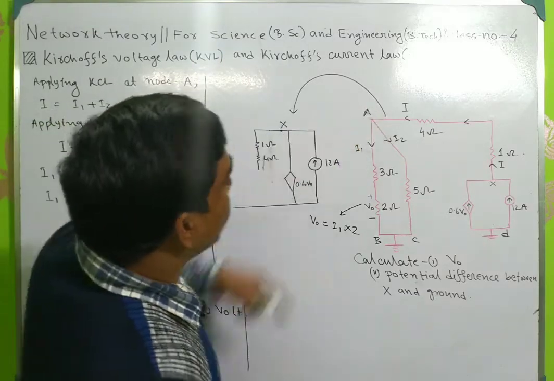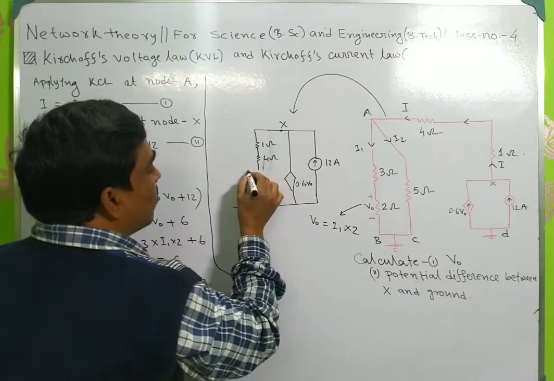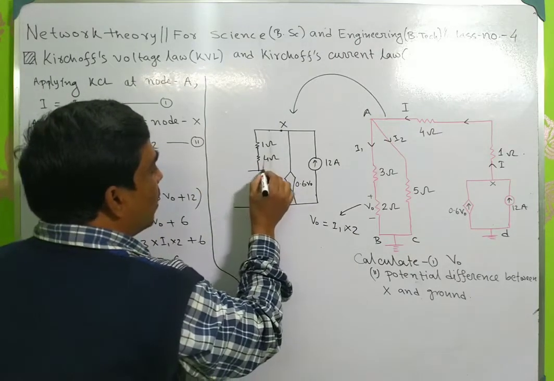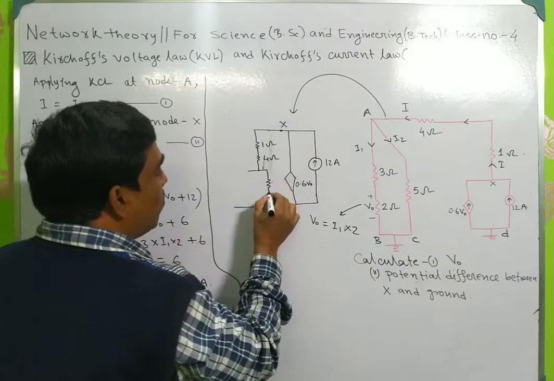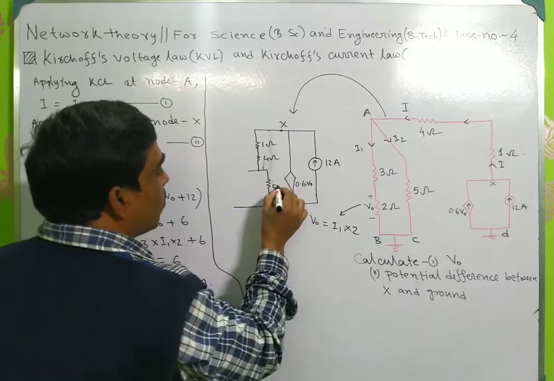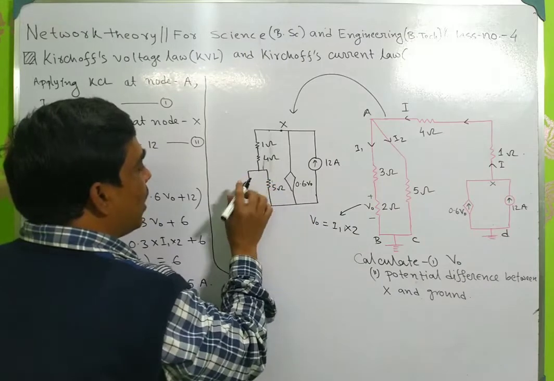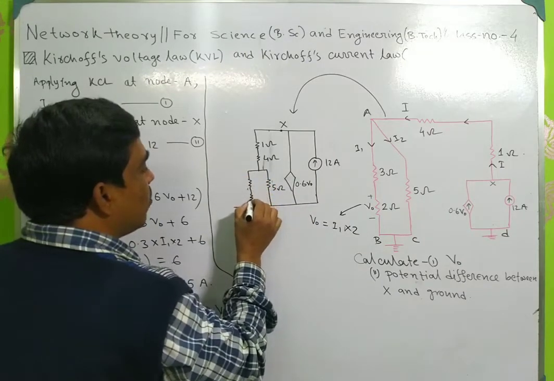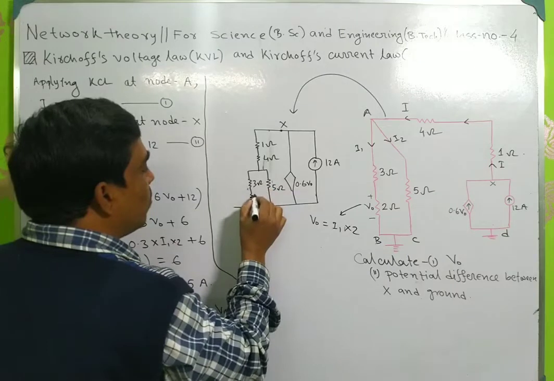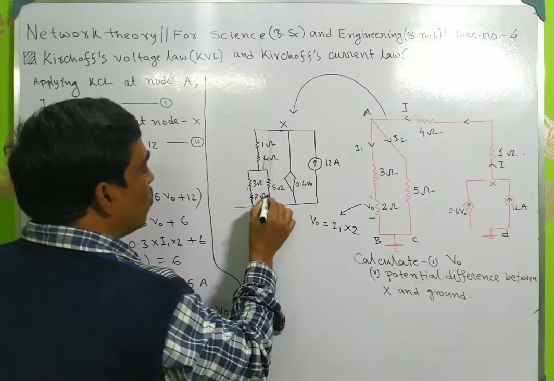And from this 4 ohm there are two branches. One is 5 ohm, and another is 3 plus 2, this is 3 ohm and this is 2 ohm.